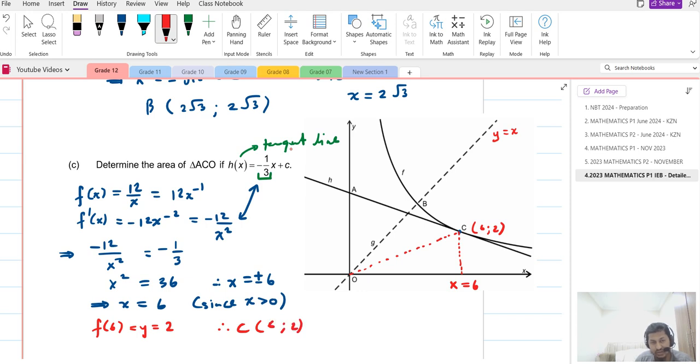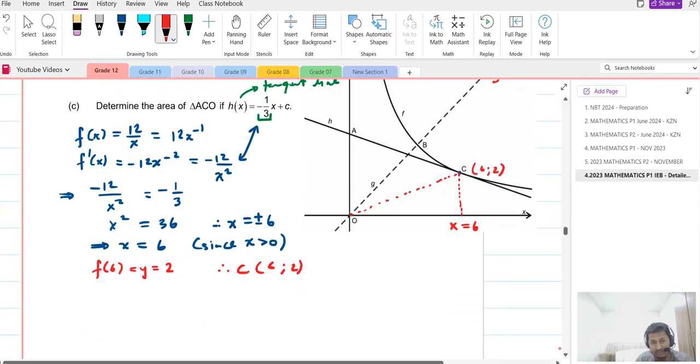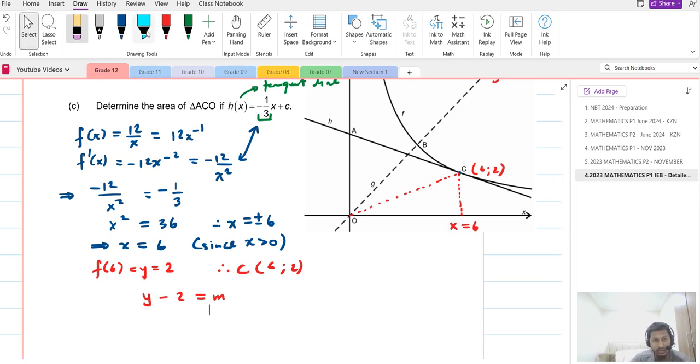So what's the equation of the tangent line? Well, we have a gradient and we have a point of contact. So y minus y1, which is 2, equals m times x minus 6. What's m? The gradient. We already had the gradient, which is negative 1/3.